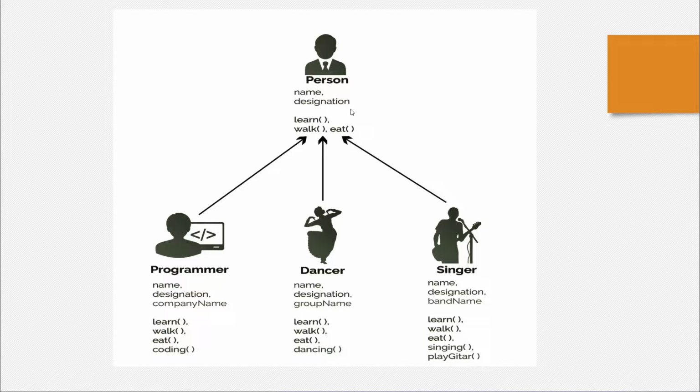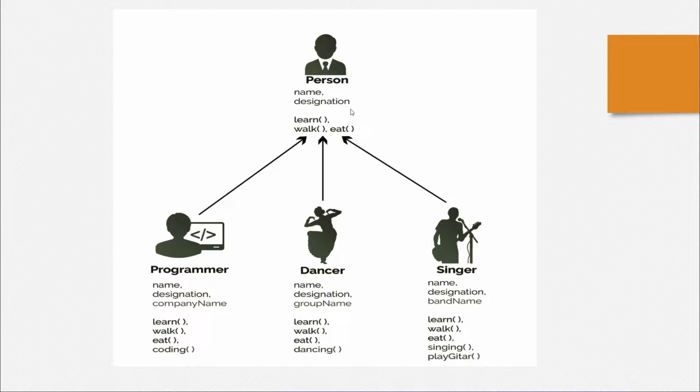Now a dancer has a name and designation as a person, but she has her own feature, such as a group name, if she is in a dance group or dance company.